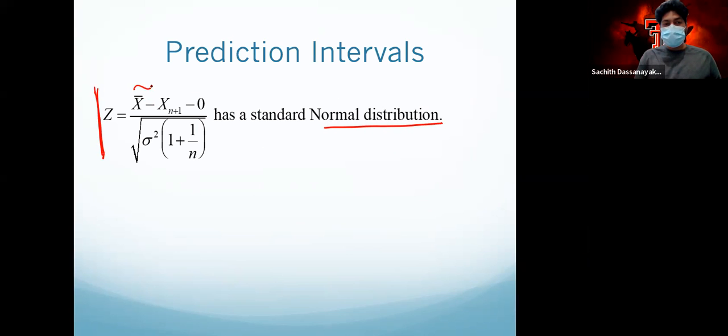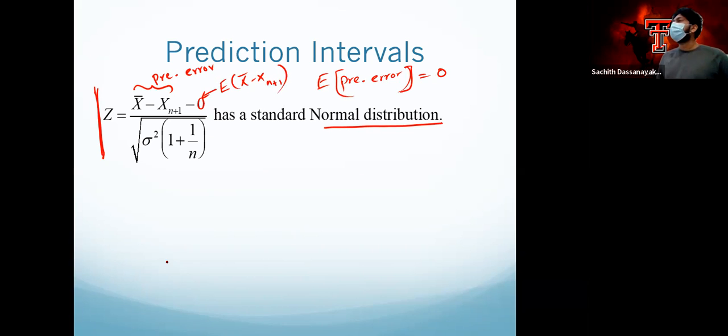This is the prediction error minus 0. Why minus 0? Do you remember the expected value of the prediction error, x bar minus x n plus 1? Mu minus mu, it is 0. In our case, it is 0.